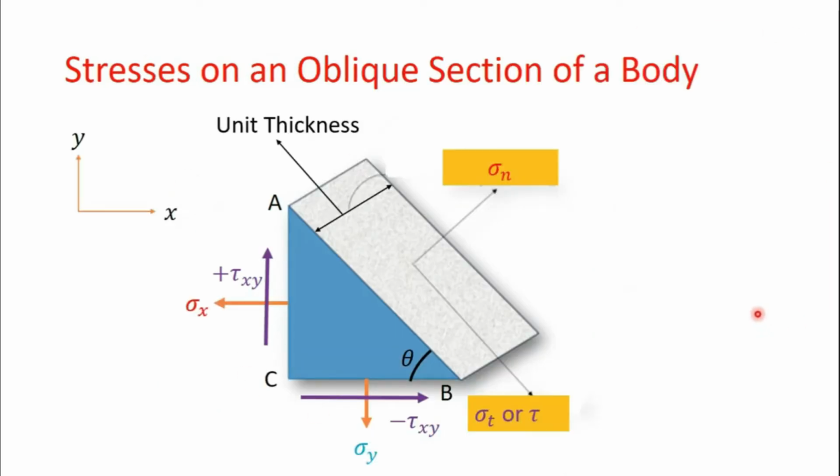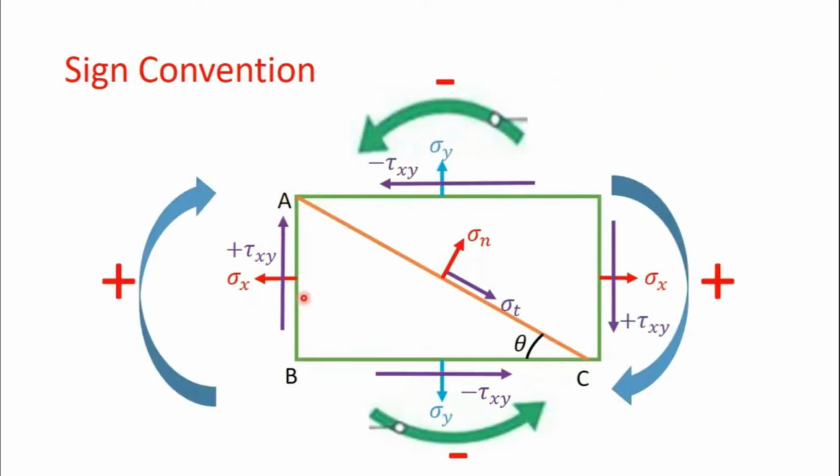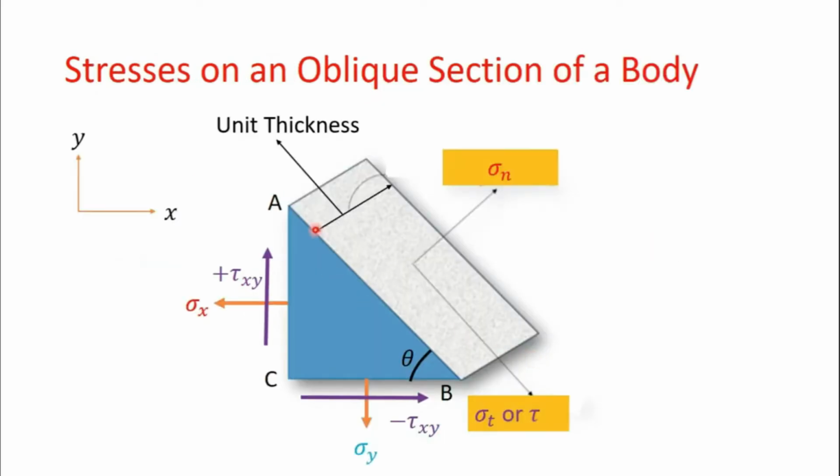Now, stresses on an oblique section of a body. This is a cut section of the plane which we have already considered, ABC. The important thing I wanted to show in this section is the unit thickness: the thickness of this plane inside the plane of paper is unit. We are assuming this to simplify our equations, and how it simplifies we will see in the coming slide.